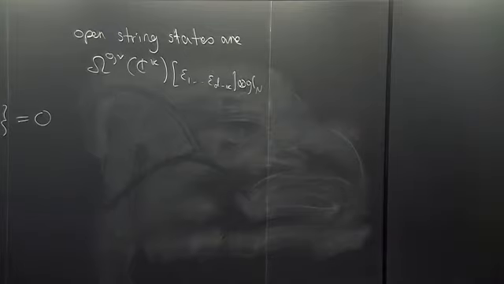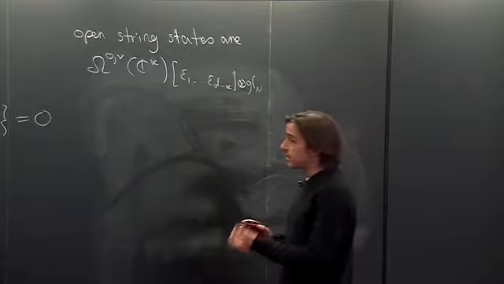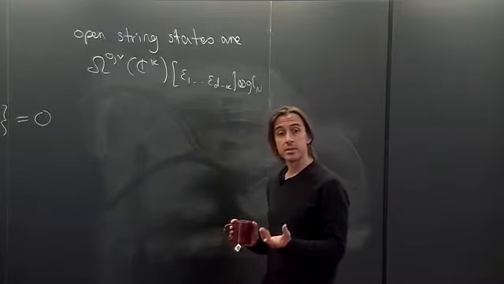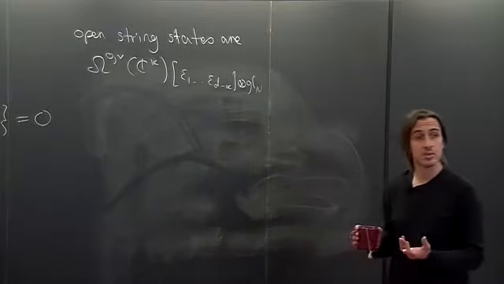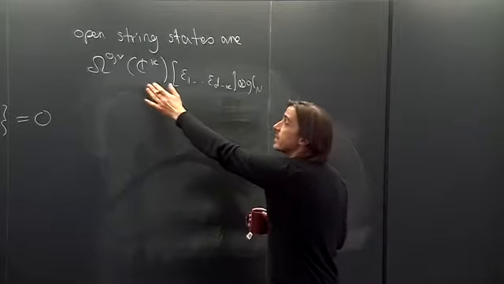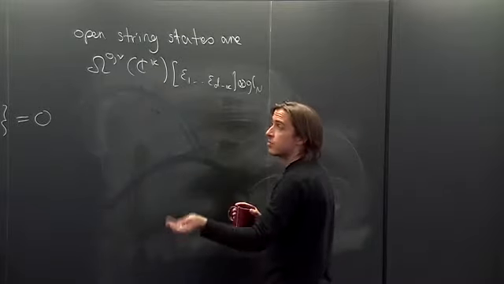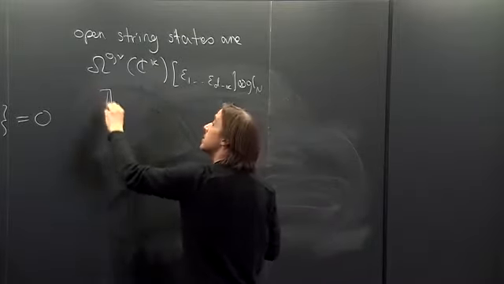in which he argued that the space of states of an open string carries a structure known as a differential graded algebra structure. So we should expect this space to have a product and a differential. So it does.